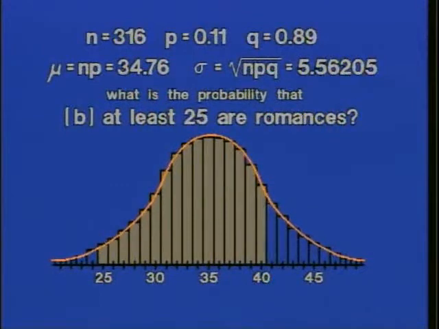So we want the area under the curve corresponding with all of this area. Now notice that since we want to include 25 as part of the region that we're calculating, we're going to use the left-hand border of 25, and that's the border between 24 and 25. So our x is going to be 24.5.